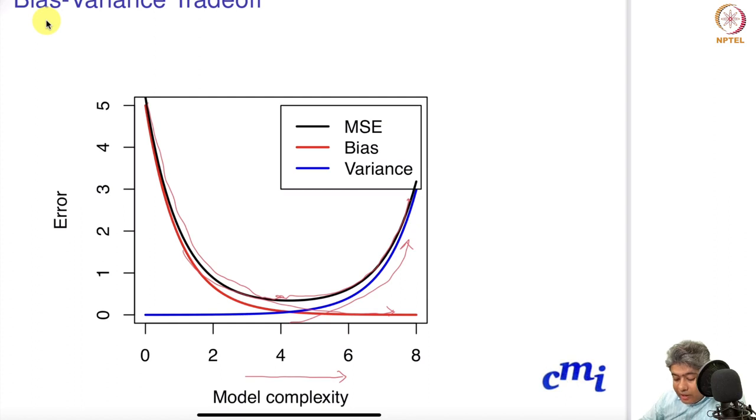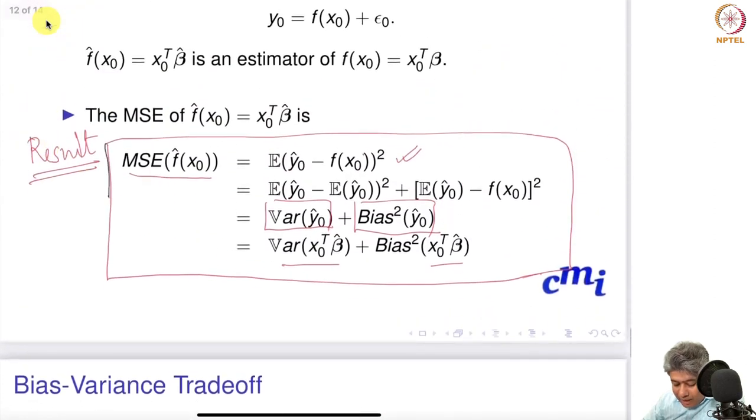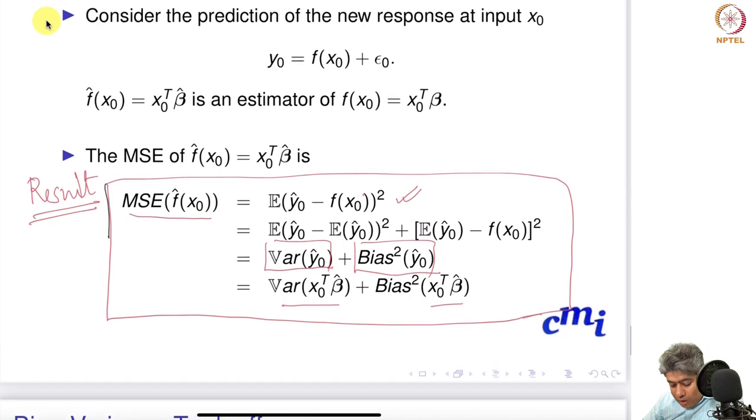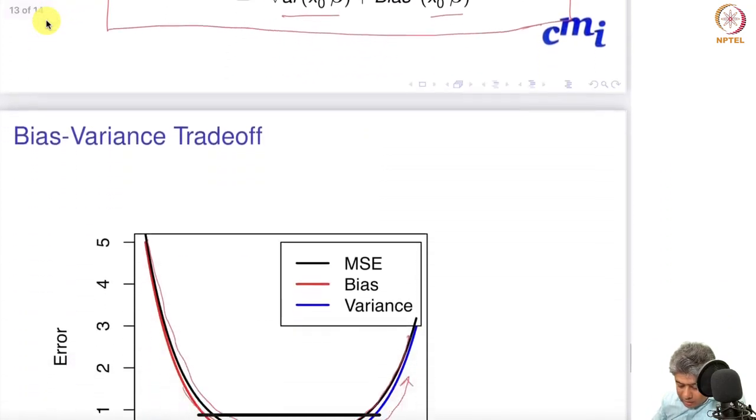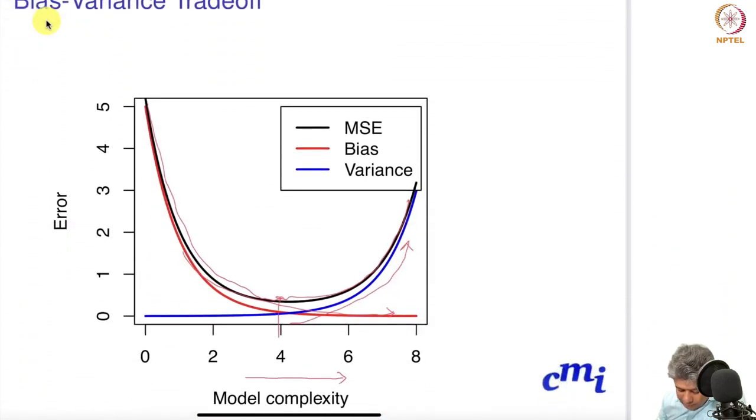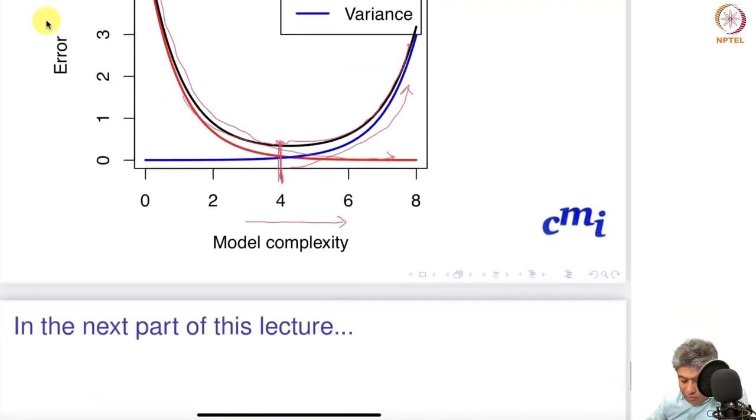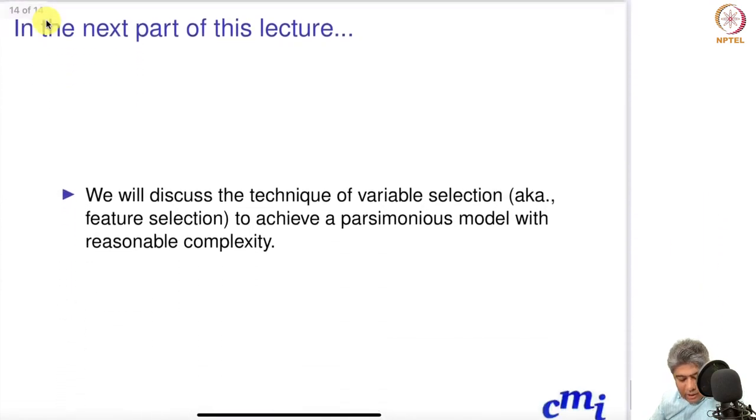So instead of trying to minimize bias and variance together, we try to minimize the mean square error. And perhaps this is a parsimonious model where we want to stop. We don't want to increase the model complexity any further. This is typically how model training happens.